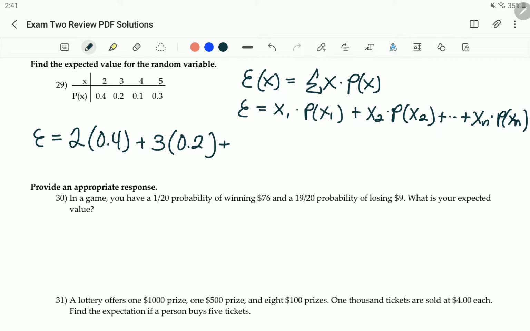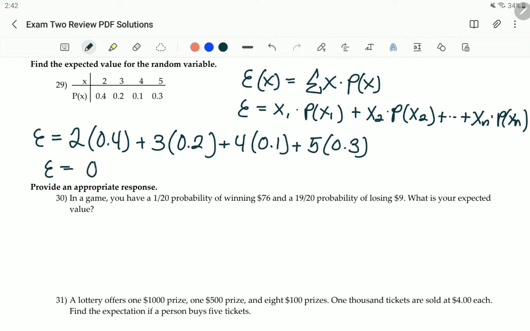Plus event 3, which is a 4. And the probability of receiving that 4 is 0.1. Plus the fourth event, which is receiving the number 5, times the probability of receiving that 5, which is 0.3. And now we can multiply.